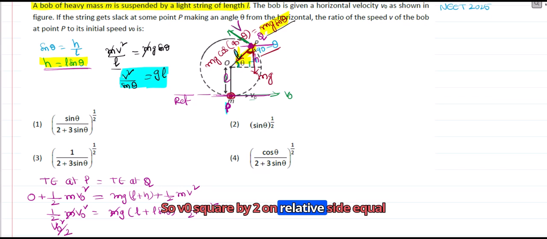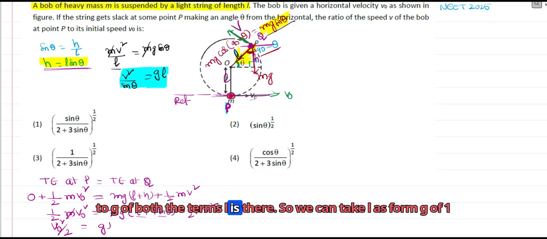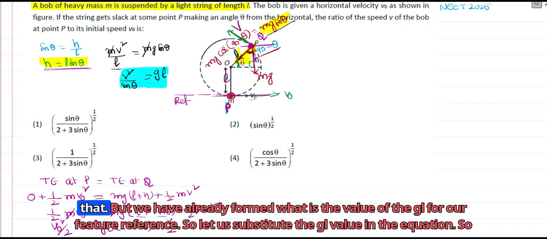So V naught square by 2 on the LHS side equal to g of, in both these terms L is there, so you can take L as common, gL of 1 plus sin theta, plus V square by 2. But we have already found the value of gL for our future reference.